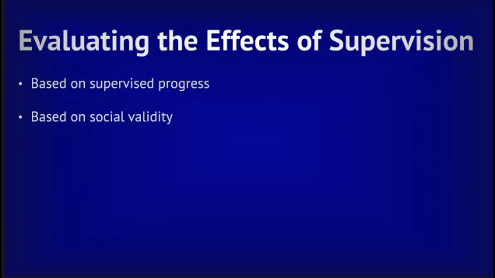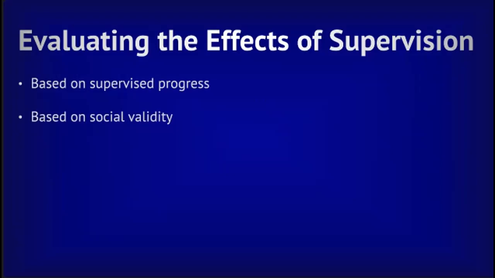So one of the things that can be done is seeing if there's any degree of anonymity that you can bring into the social validity assessment. And this can obviously be hard to do when you only have one or two supervisees, because it's easy to tell who is submitting what information.